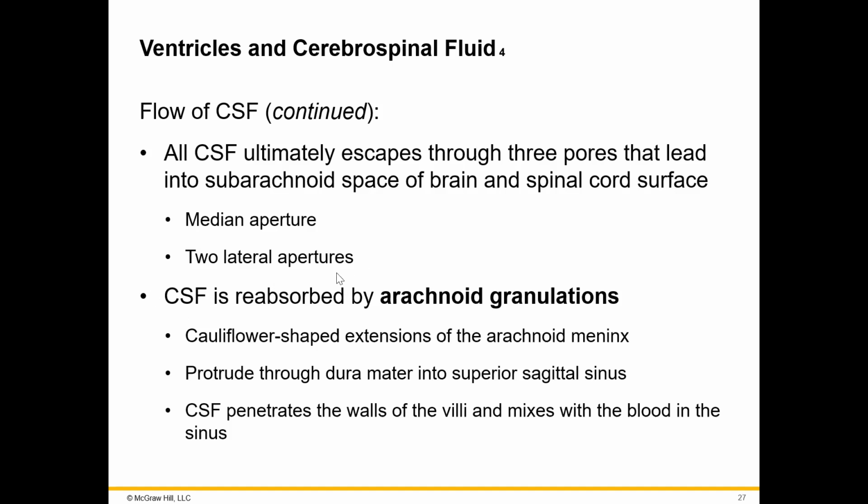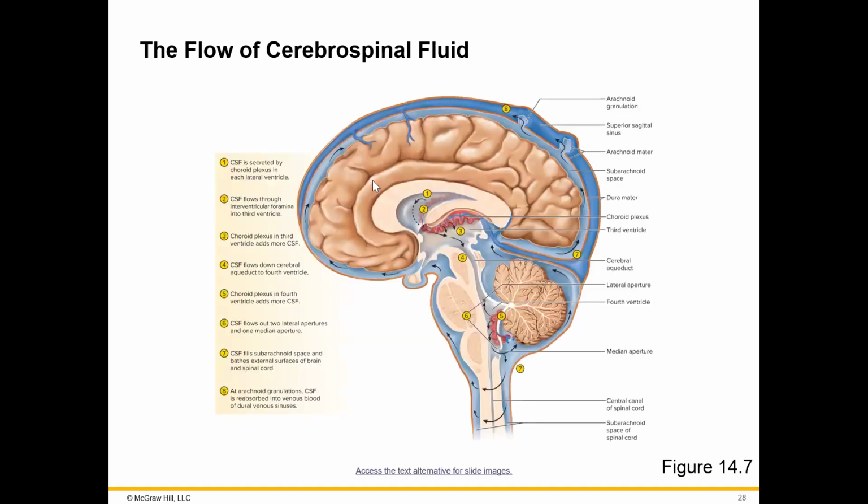The cerebrospinal fluid is reabsorbed by the arachnoid granulations, and these arachnoid granulations are cauliflower-shaped extensions of the arachnoid meninx. So this figure here, the flow of the cerebrospinal fluid, that is very important.